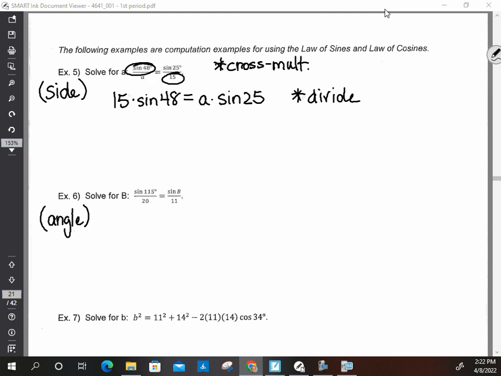So to get A by itself, divide both sides by the sine of 25. So the sines of 25 cancel out. So then you, in this case, use the calculator. So 15 sine 48 over sine 25. So we let the calculator do its work.